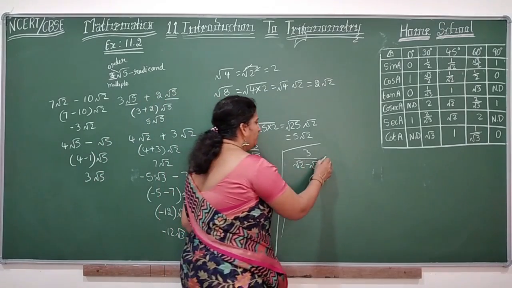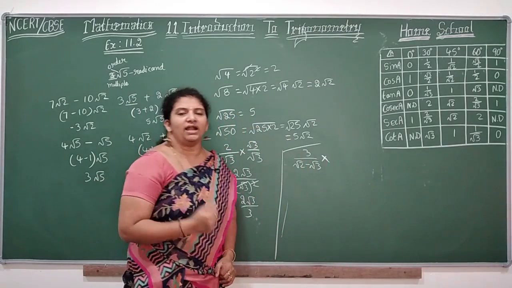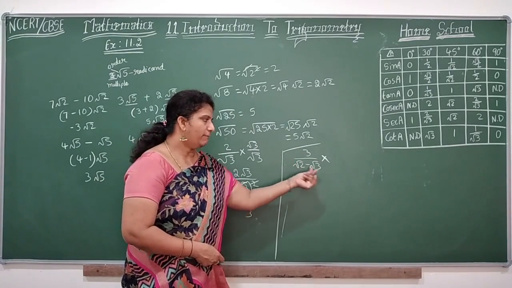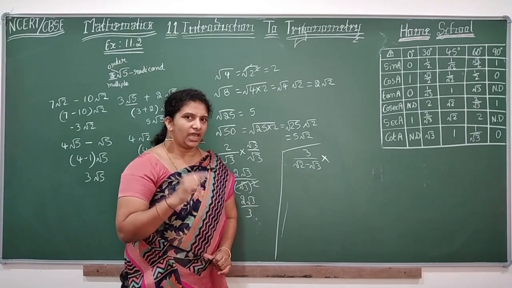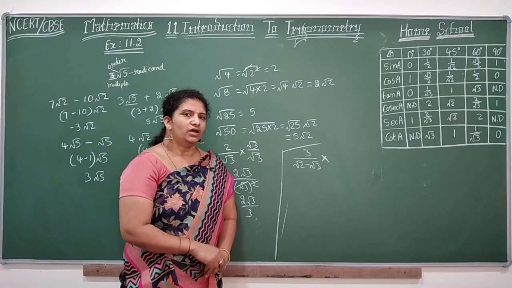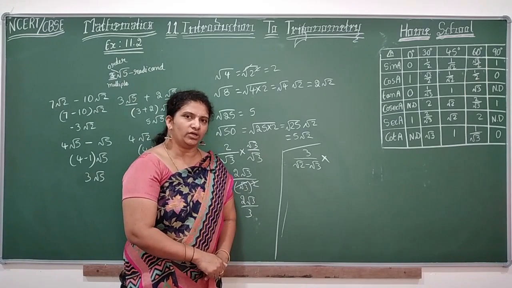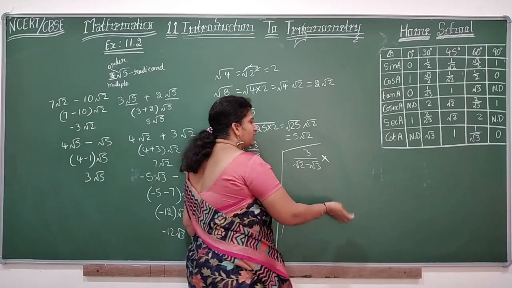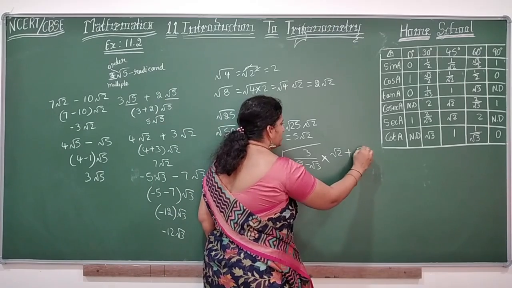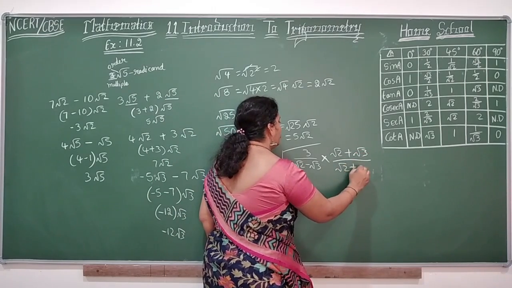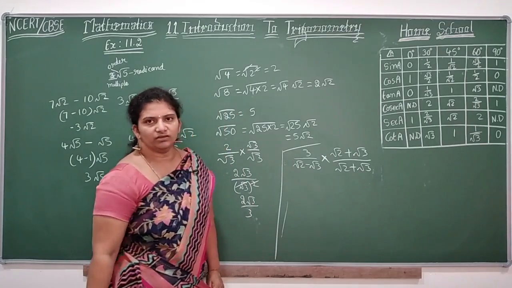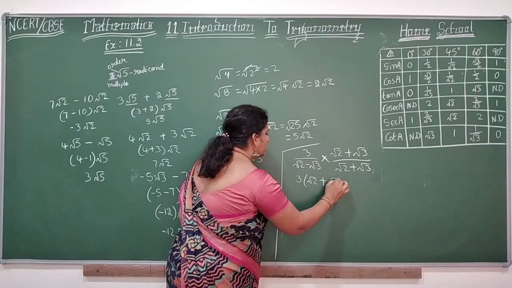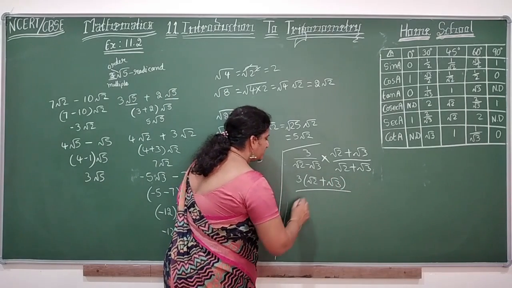Now, if I multiply by the conjugate, this surd will vanish. Imagine, children, a minus b is there. For a minus b, what you multiply so the root will be removed is a plus b, right? In the same manner, the conjugate of this is root 2 plus root 3; multiply numerator and denominator. Numerator, whatever it is, don't bother, but the denominator should not be in surd form.